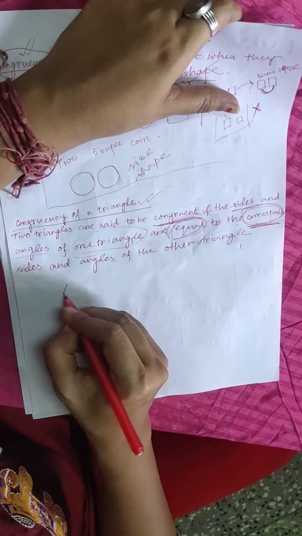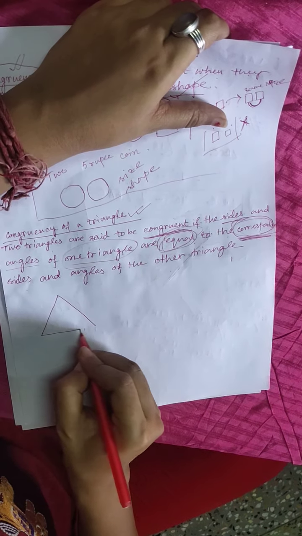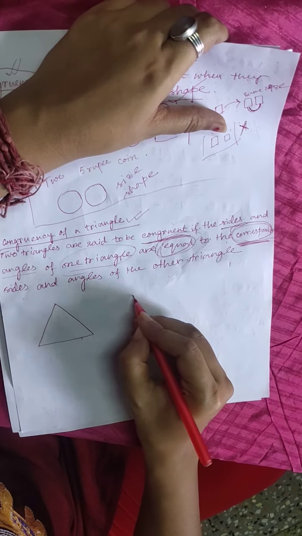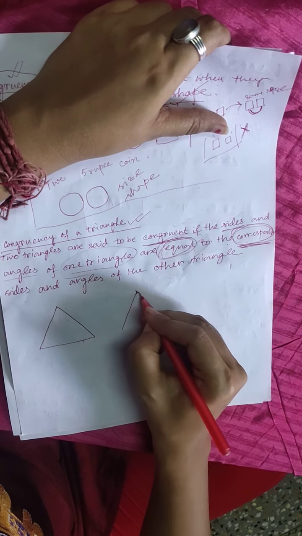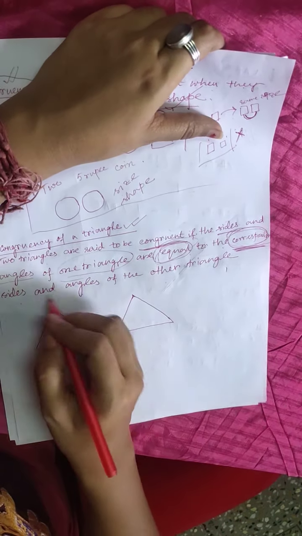Okay, so now we will draw the figures. Let there be a triangle like this and a triangle like this.